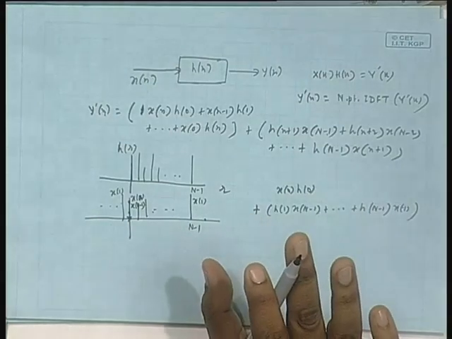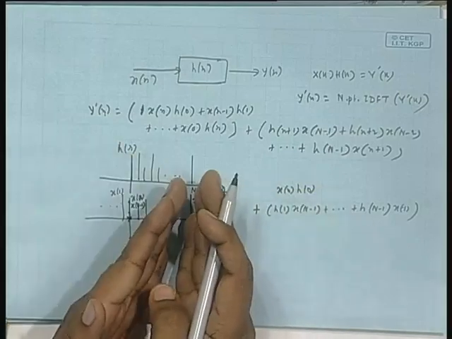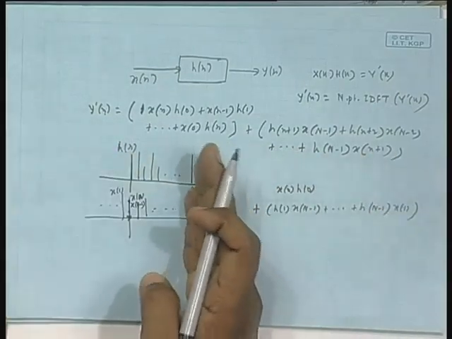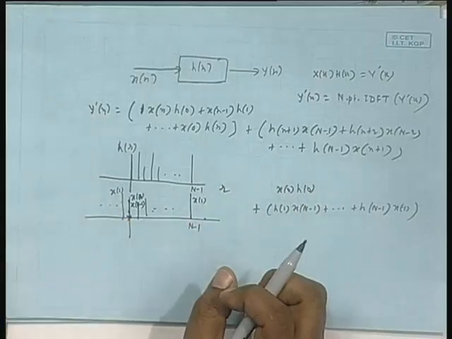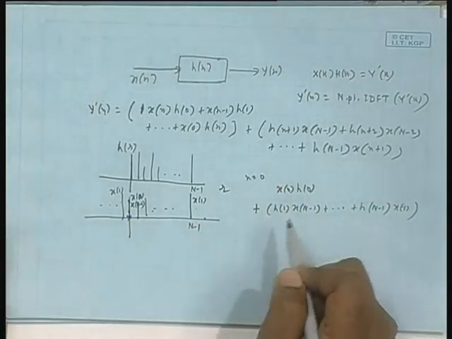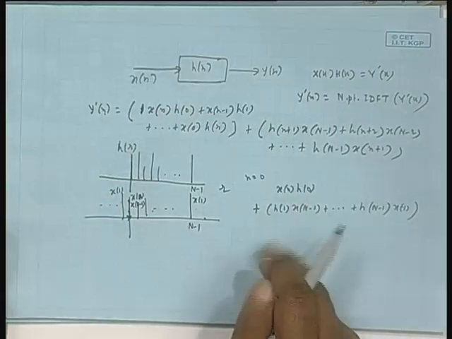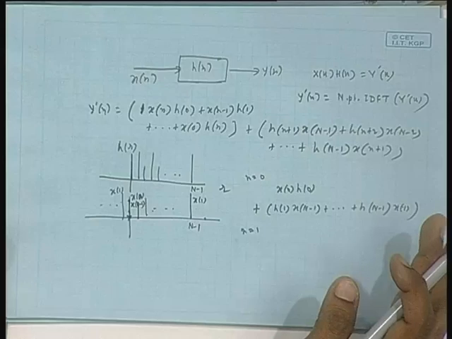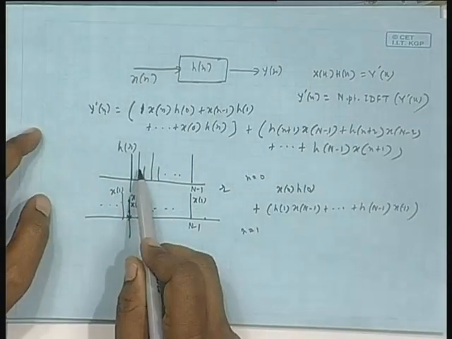you are getting it. Now, if I shift it by 1 and then again chop off quantity to the right of this point and to the left of this point, this was for n equal to 0. For n equal to 1, we do once or twice, it will be very clear. For n equal to 1, this x 0 will come below h 1.